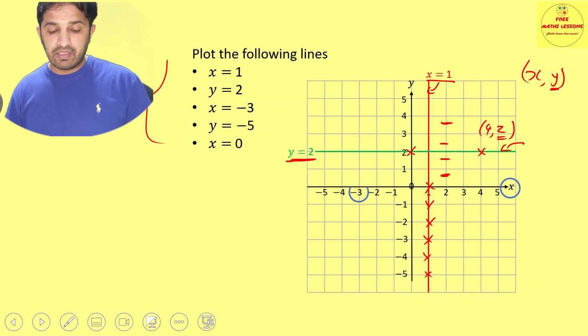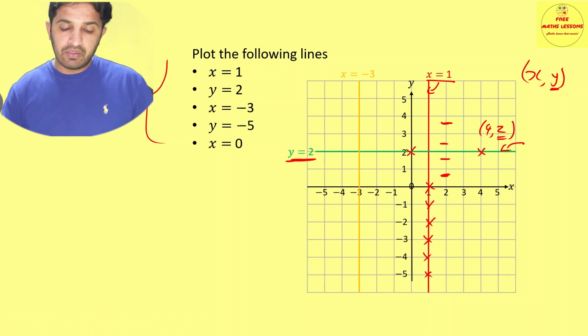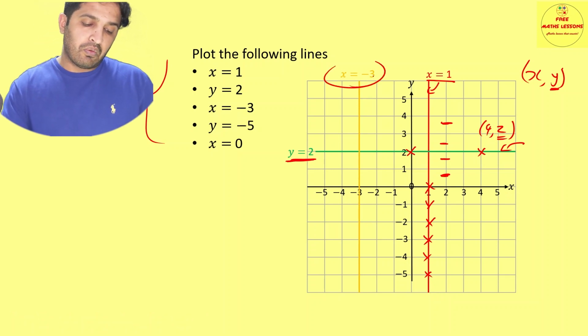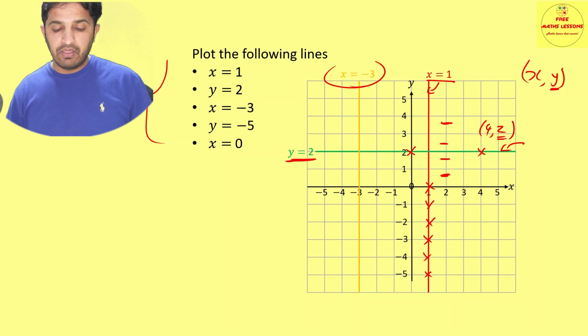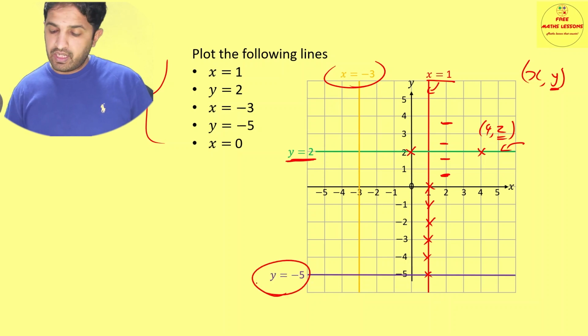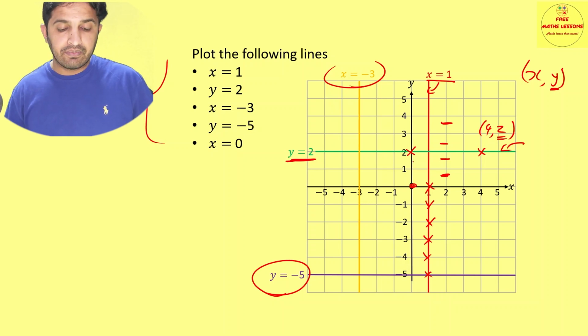So you find x equal to -3 and then draw the line through that. This orange line is going to be x equal to -3. In the same way, y equal to -5 is going to be this purple line. And x equal to 0, where you find x is equal to 0, is our y-axis.